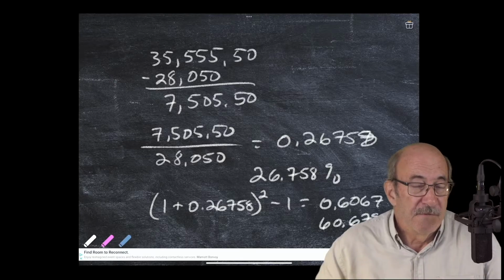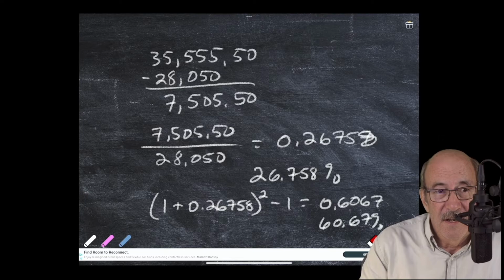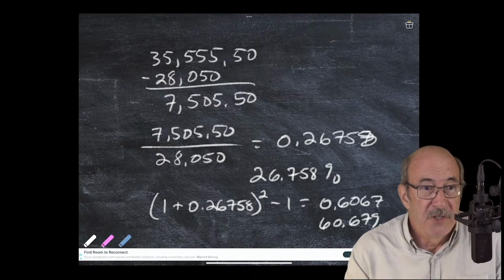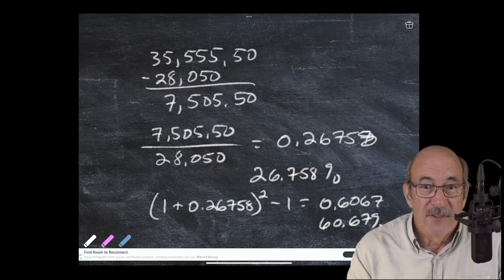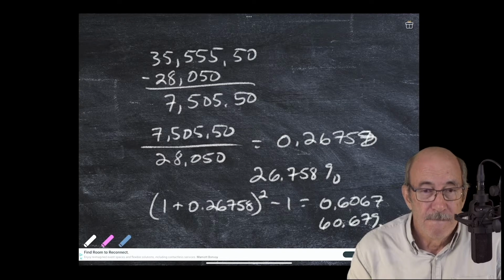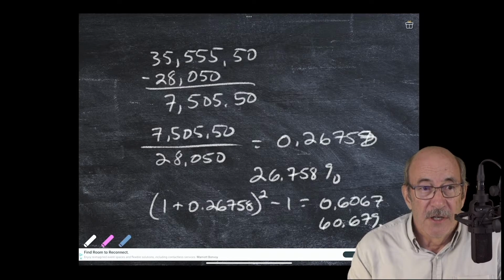The effective annual rate is always raised to the second power if it's 6 months. If it's 1 month, raised to the 12th. If it's 2 months, raised to the 6th, and so on. So it's always the 12 over the number of months in your holding period.